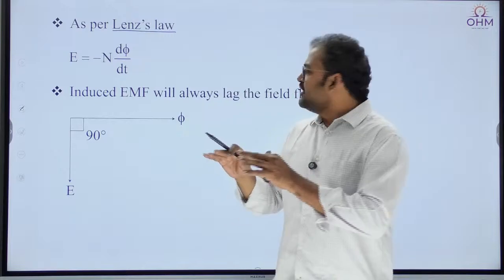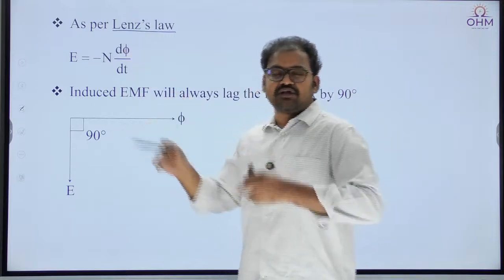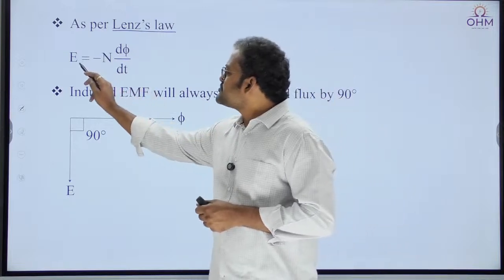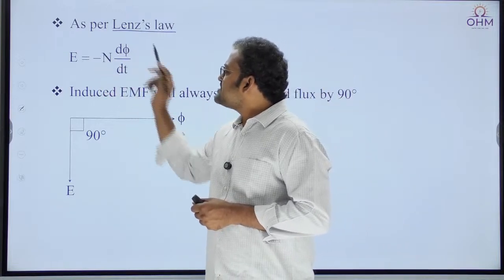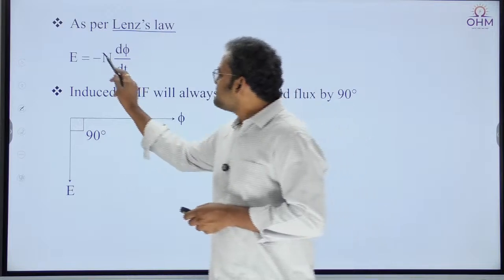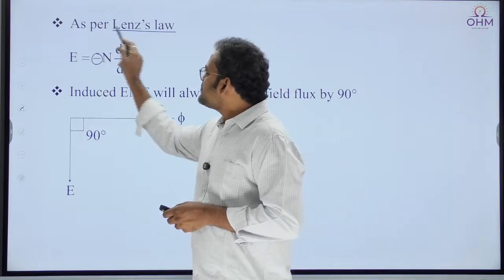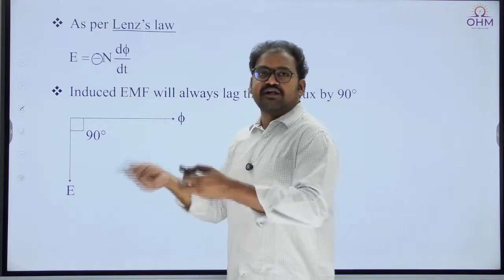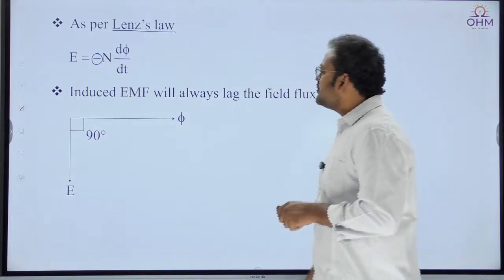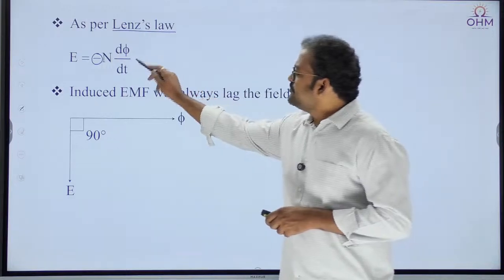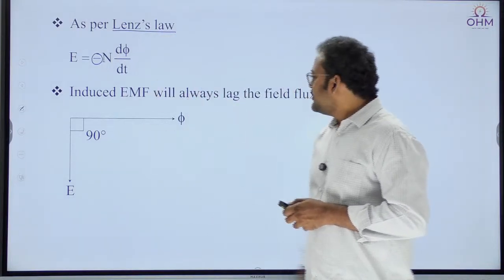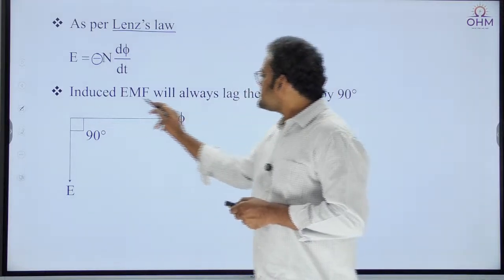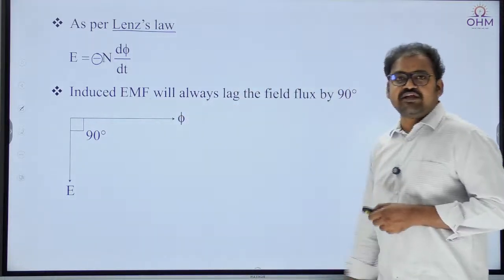We can go through this derivation in a regular class, but in this quick review session, I am directly writing induced EMF equals minus N d phi by dt. This minus sign is as per Lenz's law. So this is the EMF equation with polarity as well. If you go through the derivation of this equation, you will understand that the induced EMF will always lag the flux by 90 degrees.